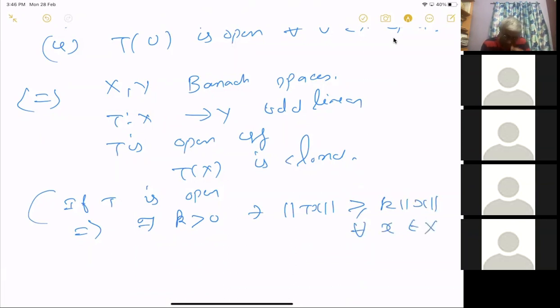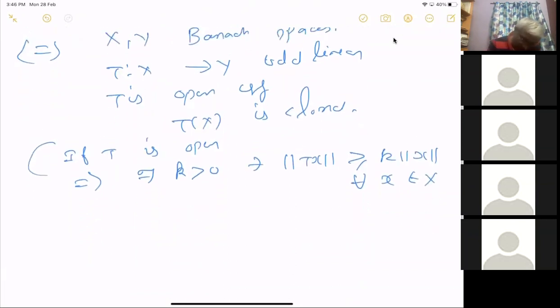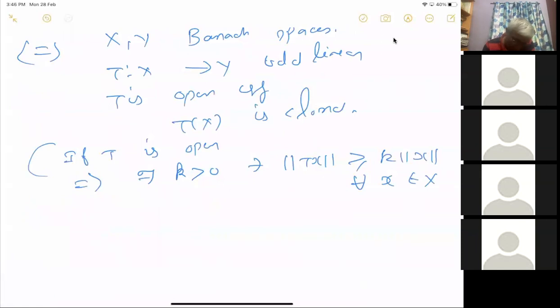Now this implies that the range is closed. Suppose I am assuming T is open. I want to prove that the range of T is closed. So suppose there exists T of xn contained in Y, and T of xn converges to y. Then I have to prove that y is also in the range.